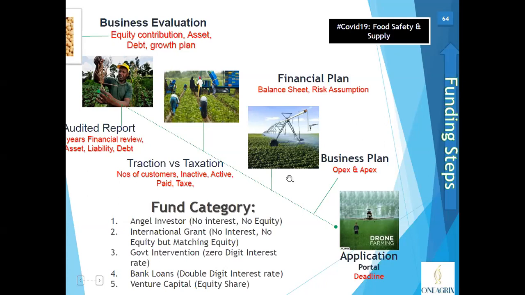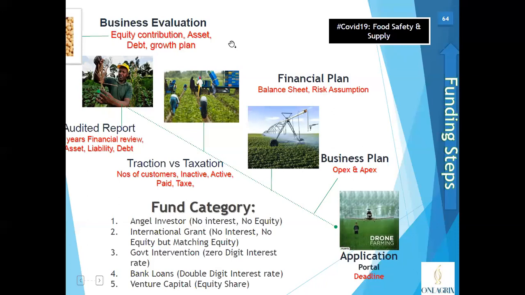And one of the steps is that whoever you are pitching your investment to will give you a deadline or a timeline on when to submit your investment application or whatever type of funding you require.